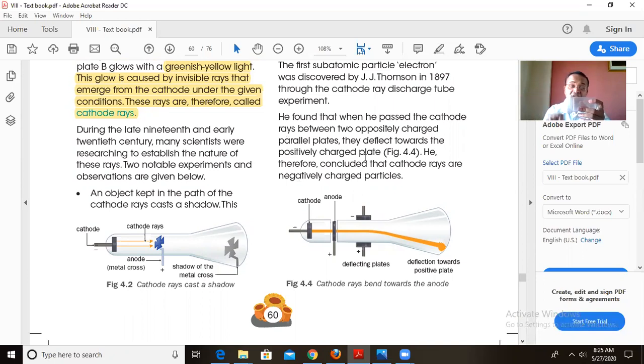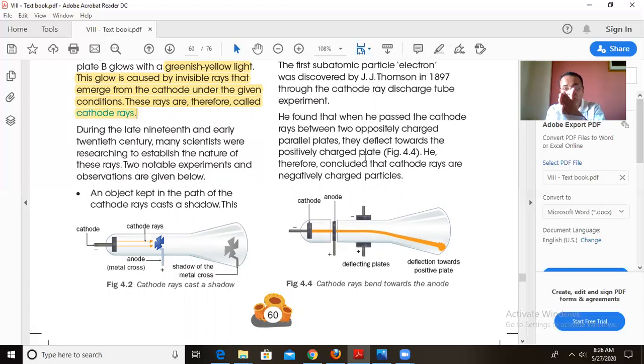And he applied two plates over here, a negative plate and a positively charged plate. Now you know that the cathode rays are traveling over here. This is your cathode, this is your anode.